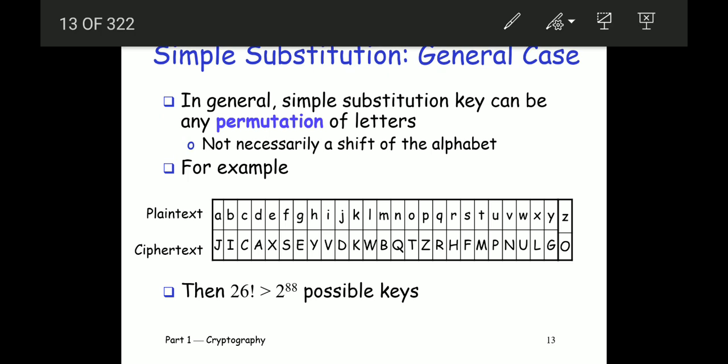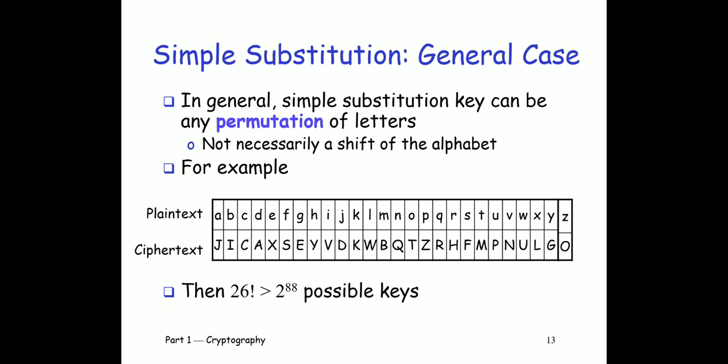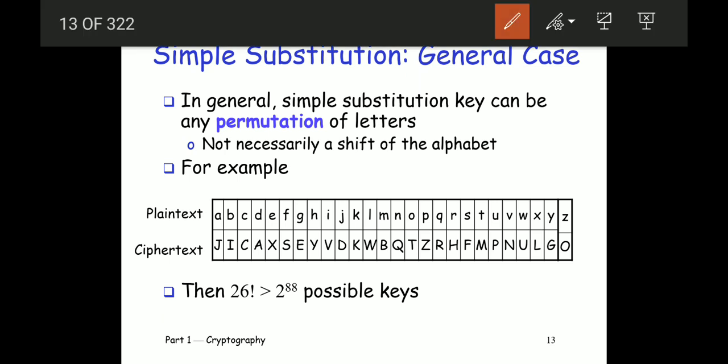And B is given as I. So any plain text letter can take any other alphabet as its ciphertext equivalent, right? So it means that a given alphabet will have 26 possibilities of occupying a place in this ciphertext row, right?